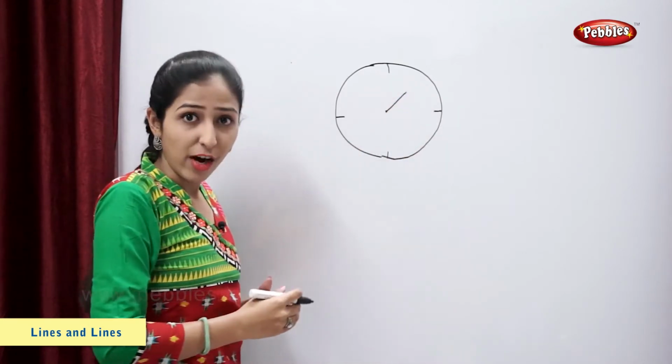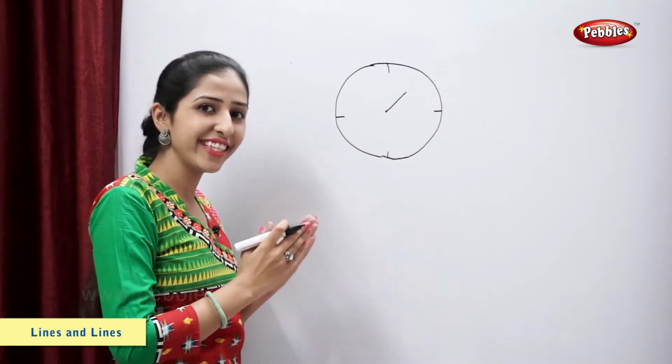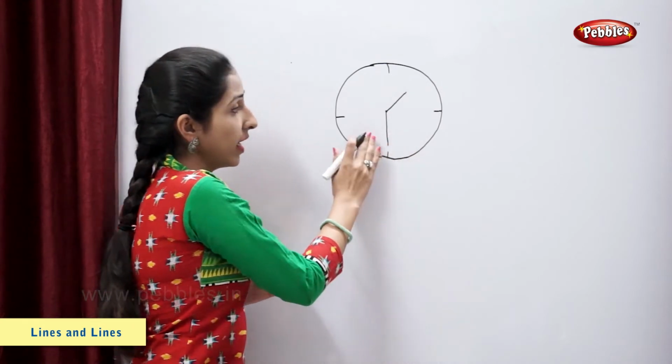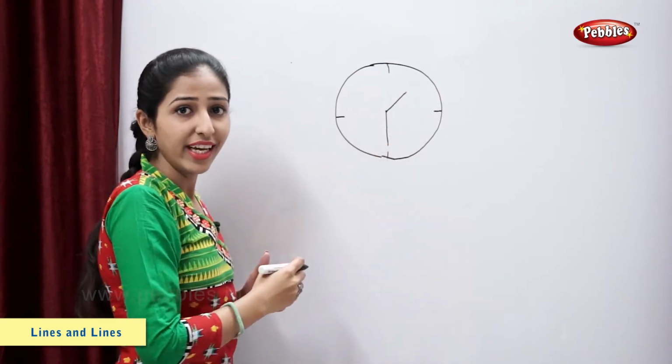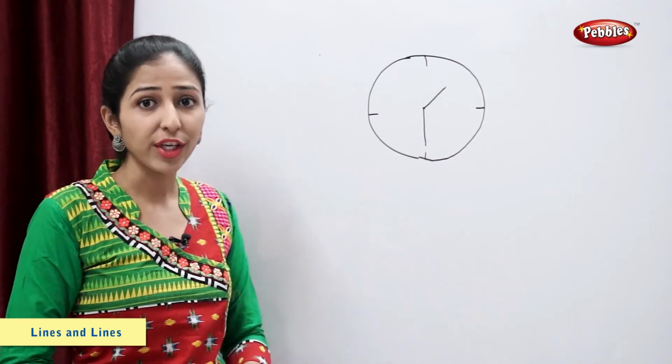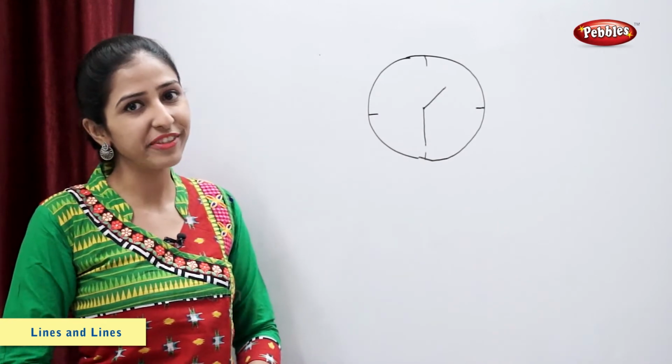This is the hour hand using a slanting line. The minute hand using a standing line. So this is an example of wall clock using lines and curves.